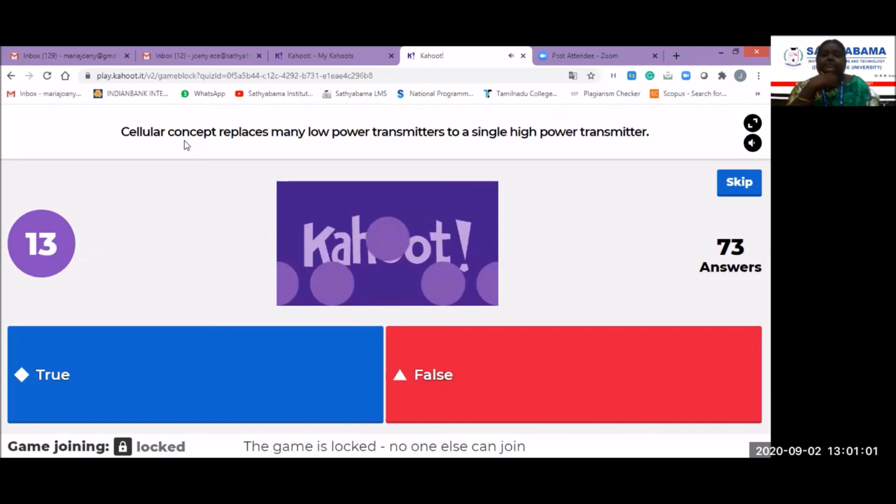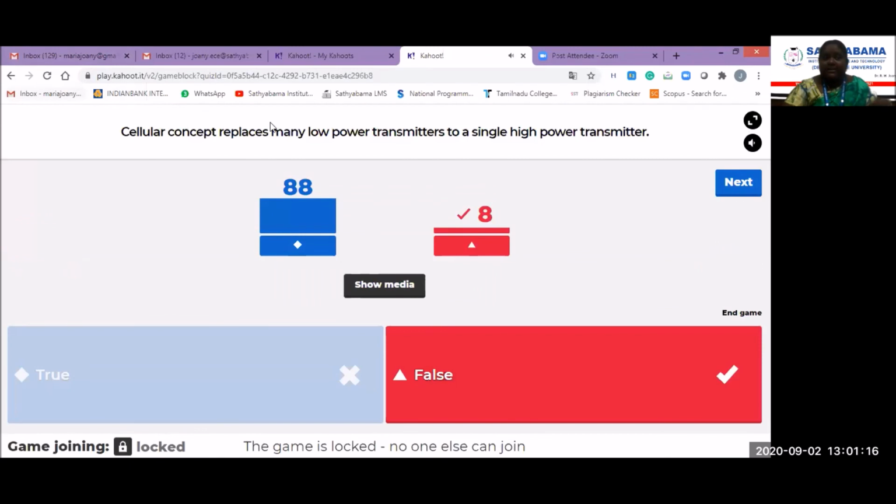Is it right? Yes, it is false. The basic concept of cellular communication is converting the high power transmitters to low power transmitters. That is why we have so many regions, is it not?